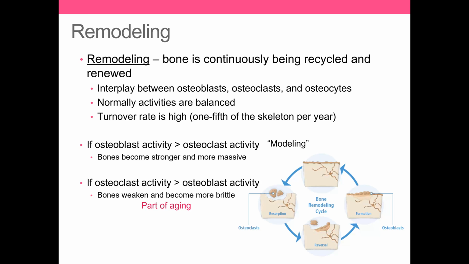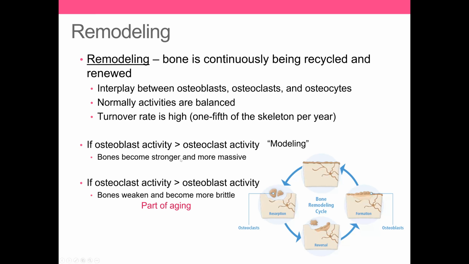However, if the osteoclast activity outweighs the osteoblast activity, so now what we're saying is we're breaking bone down faster than we're building it up, the bones will weaken and become more brittle. And unfortunately, this is a normal part of aging. We'll talk about it a little bit more in a bit, but this happens to everybody after the age of 30.